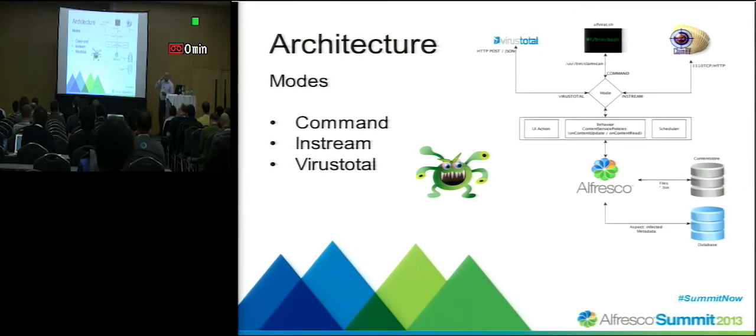This Java class inherits from the action executer abstract base, and it's called in another Java class for scripts and web scripts, where the logic is calling the Java class Alfresco virus scan. We can divide it into two layers: one layer is the Java class, and the other layer is for JavaScript and scripts.